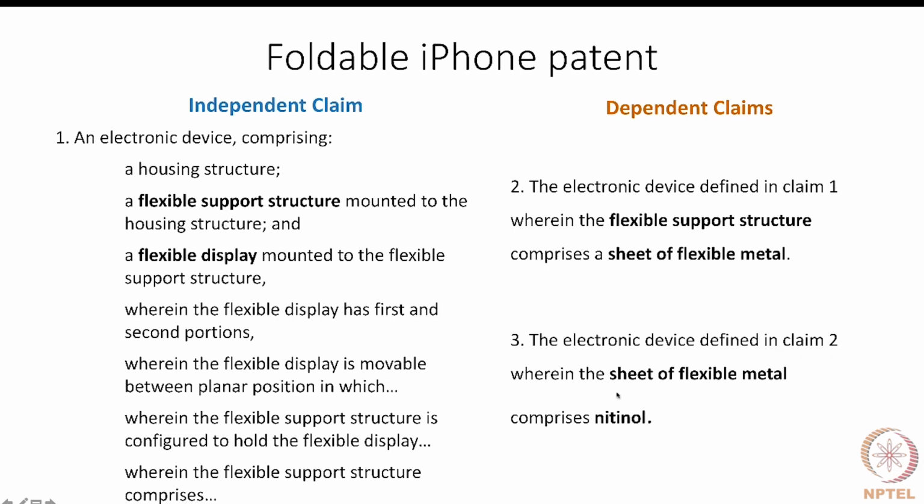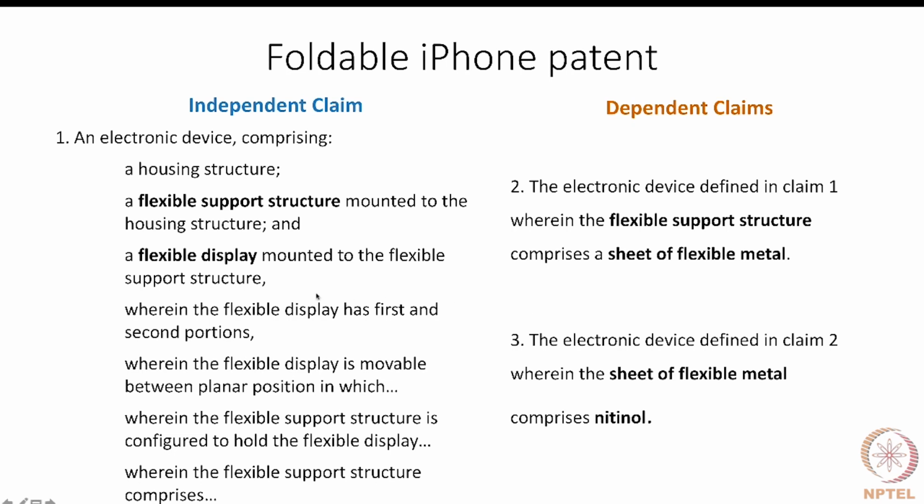And the limitation is on the flexible sheet material which was introduced in claim 2. Now we introduced the flexible sheet material here, and the flexible sheet metal is now added a further limitation that it comprises of nitinol. So this is a dependent claim which incorporates a reference to claim 2. So you can see how the structure flows.